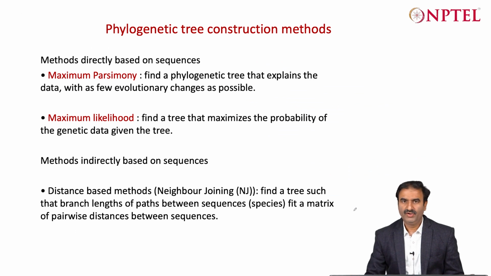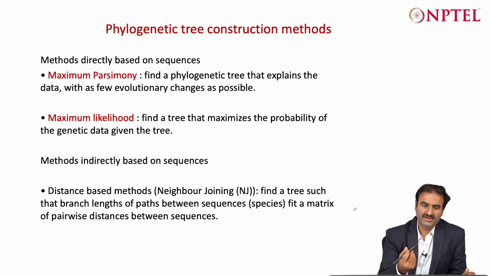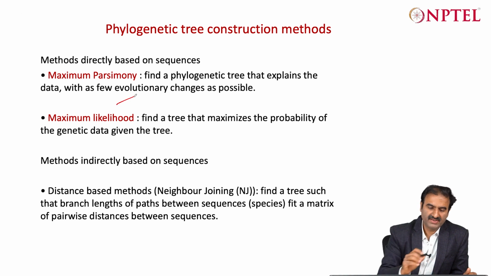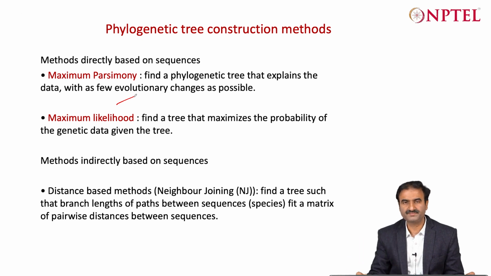Okay. The two methods which are commonly used are character based methods and distance based methods. Distance based methods are simpler and, I would say, more suitable for closely related species. Then come the character based methods, like maximum parsimony, which considers only a few positions that are important, and does not include all the positions of the sequence or the alignment that you have.